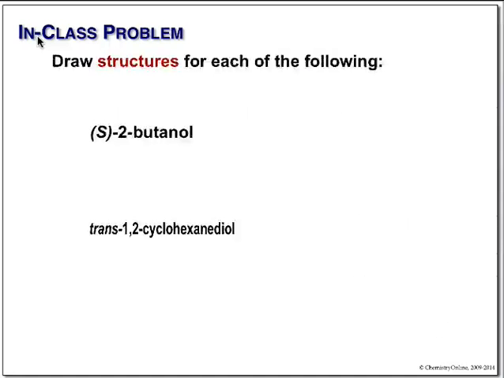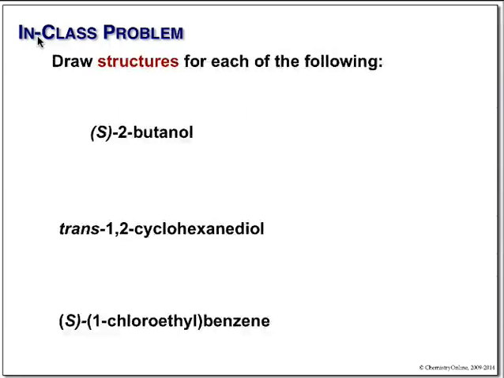Well, let's make it a little more interesting and put in some RS stereochemistry. Here we're dealing with a simple compound, a 2-butanol. We have a 4-carbon chain. In carbon number 2, we're going to have a hydroxyl group.